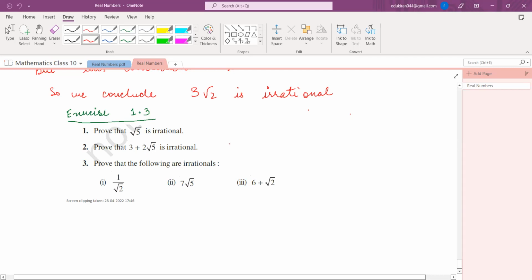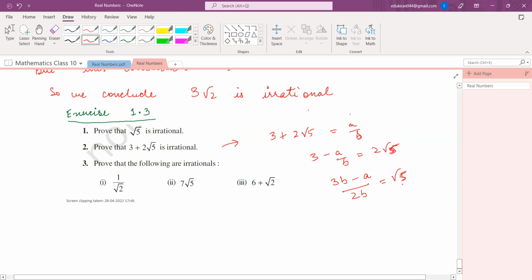Okay. So I'm just taking 3 plus 2 root 5. So you will get it in the form of a by b. Clear? So you will just make it 3 minus a by b is equal to 2 root 5. Like that you can do. And then from here you will get 3b minus a divided by 2b. This is equal to root 5. Clear?